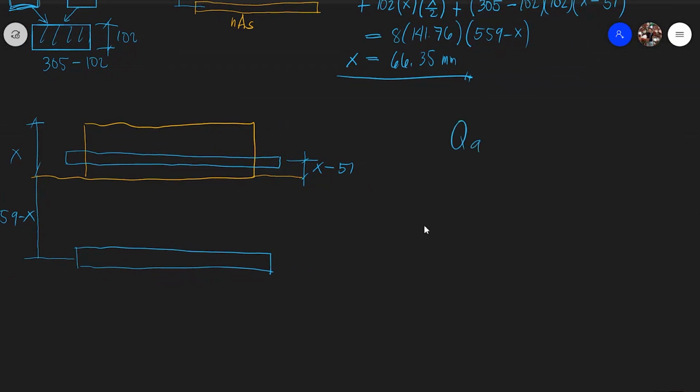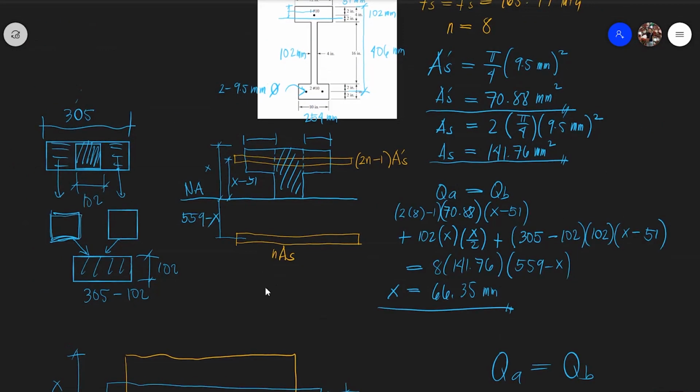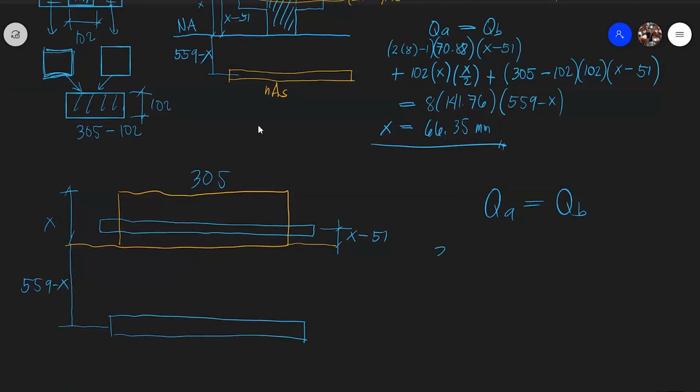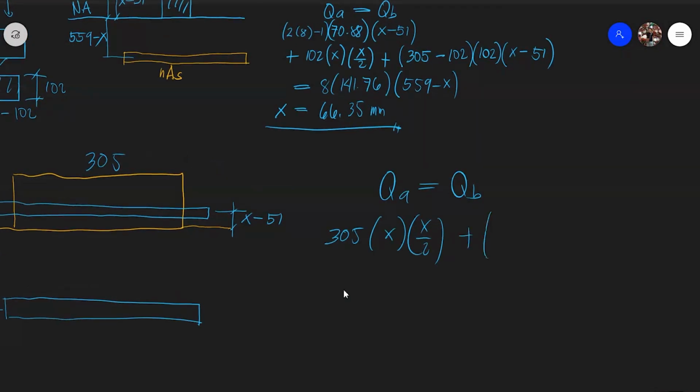Now we go back. QA should be equal to QB. Your Q above, the width of the flange is 305. So this is 305 multiplied by x times x over 2. On the right, the equivalent concrete of the steel in compression is plus, what's the value of n? n is 8, right?